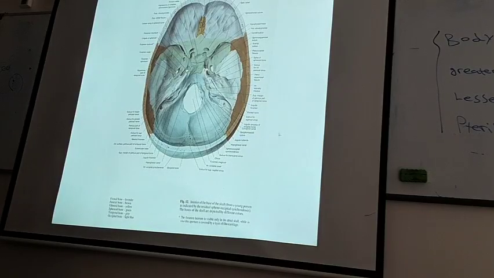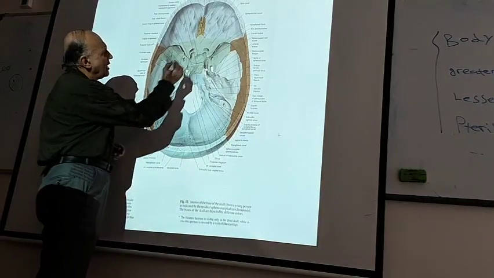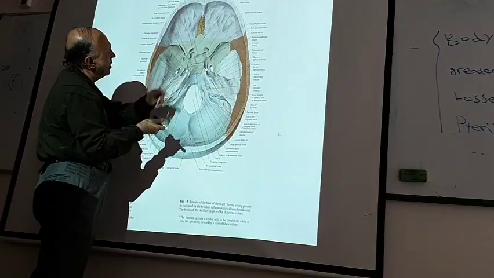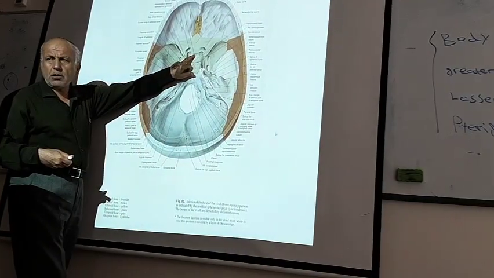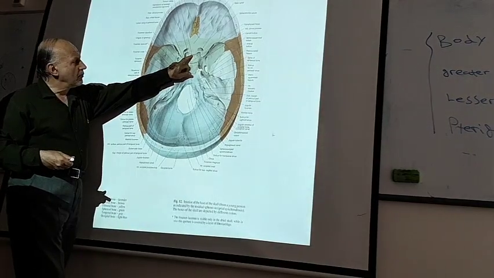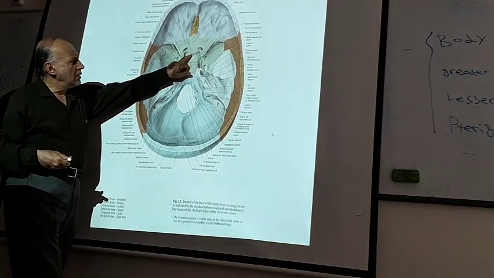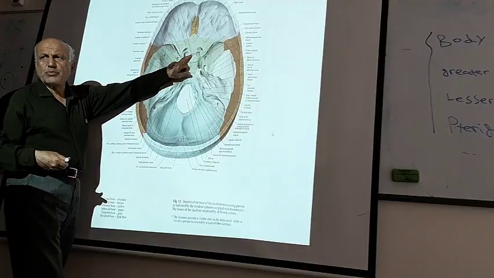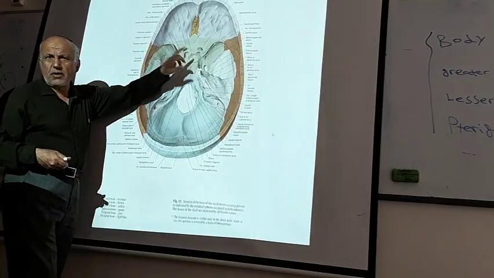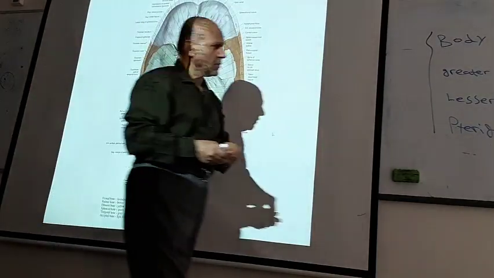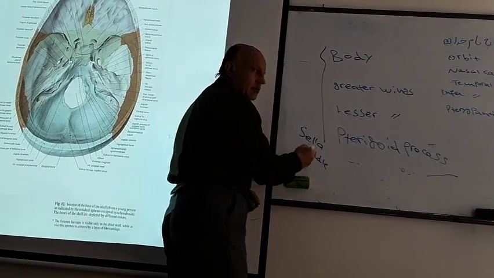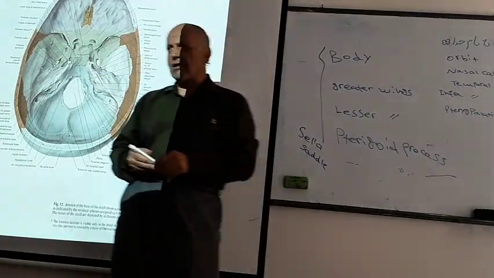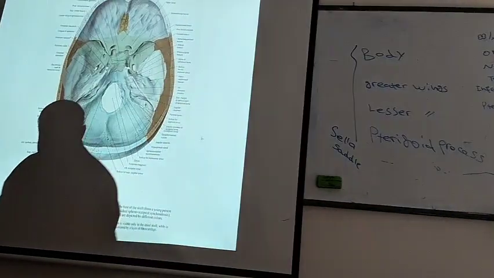Posteriorly, we have a small tubercle. It is the tuberculum sellae. You must know sella. Sella is like this, a saddle. Do you know what a saddle is? What is the meaning of saddle?